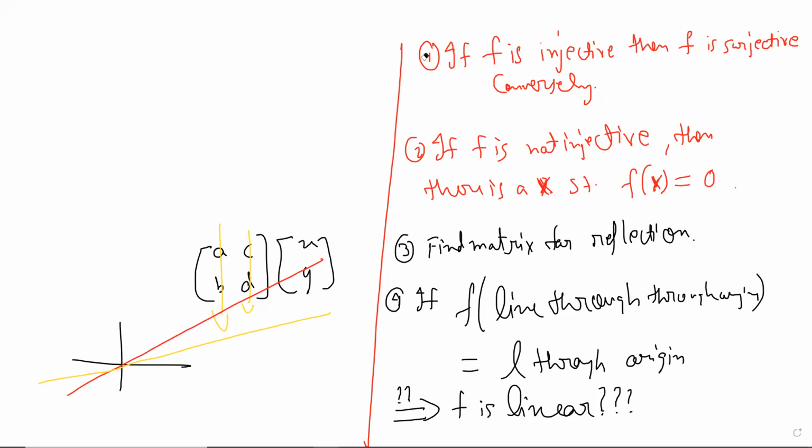Now you can try this question also. Let f from R2 to R be linear. This is even an easier problem, right? In that sense. R2 to R, or you can turn it up. You can take R3 to R2 if you find this too easy. f is linear.